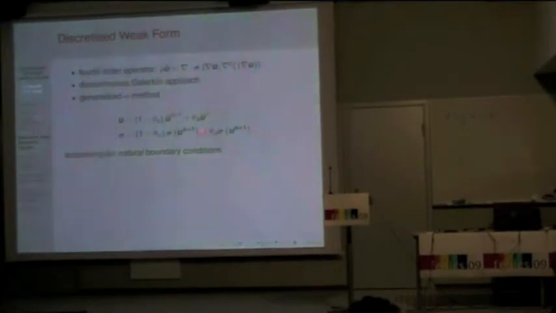Let me notice that as the stress tensor is nonlinear, this is the correct way to evaluate the stress tensor at an intermediate point. We take the displacement at n plus 1 and the displacement at n, there's a typo, sorry, and not the stress tensor evaluated at n plus 1 and at n.